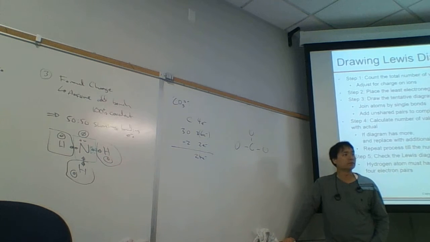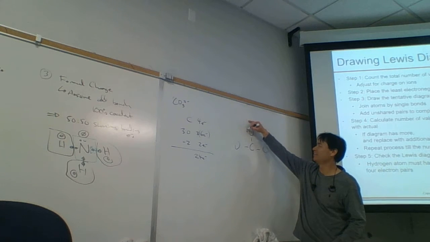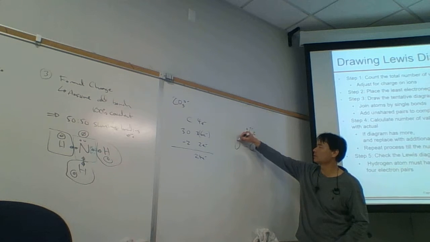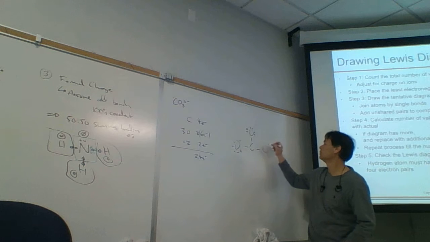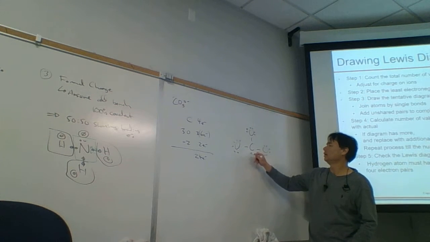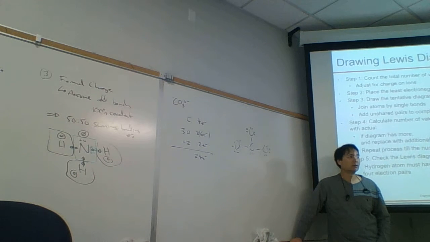Okay, then what did you do? Before you do the double bond, we need to see if we have to put a double bond there. So what we'll do is complete the octets by using lone pairs like this. If we do that, then everybody has an octet, correct?